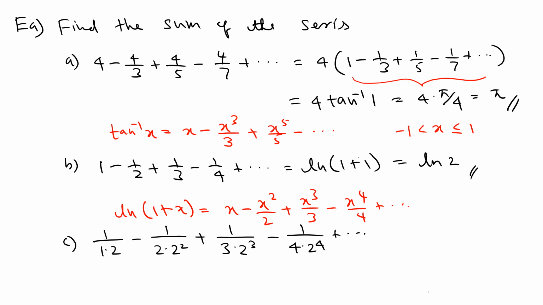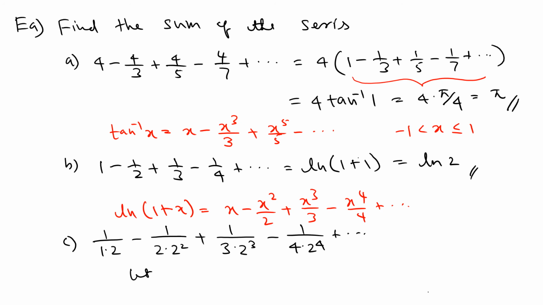If you look at this series, you can see this is also very close to the natural log of 1 plus x, but in this case x is simply 1/2.